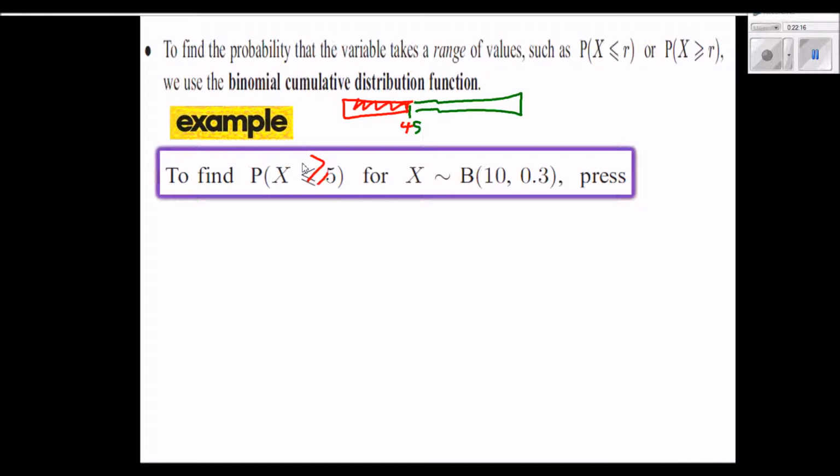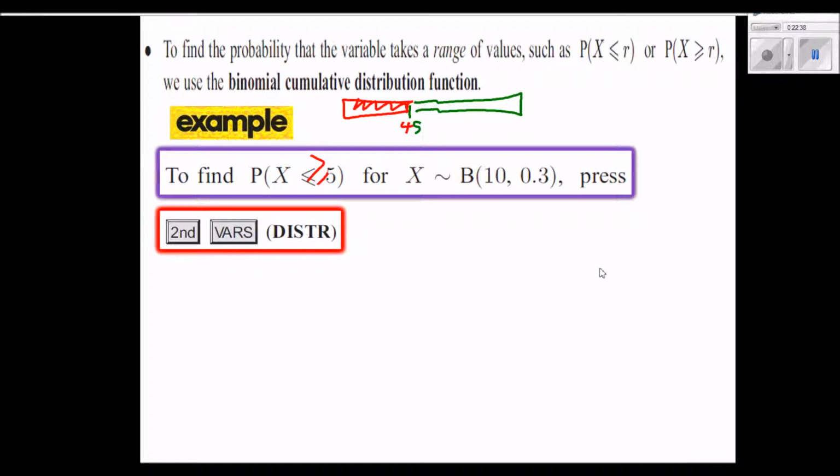So by hand, if x is greater than or equal to 5, you'd have to work out the probability x equals 5, plus probability x equals 6, plus probability x equals 7, plus probability x equals 8, all the way to plus probability x equals 10. But that's painful to do, and so you could instead do it on the graphing calculator.